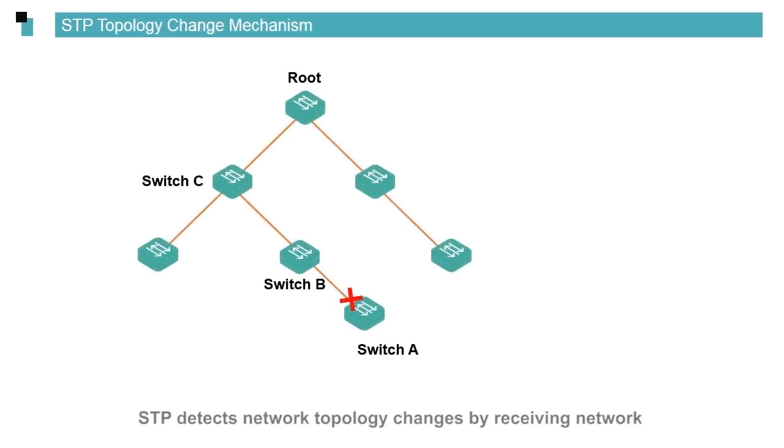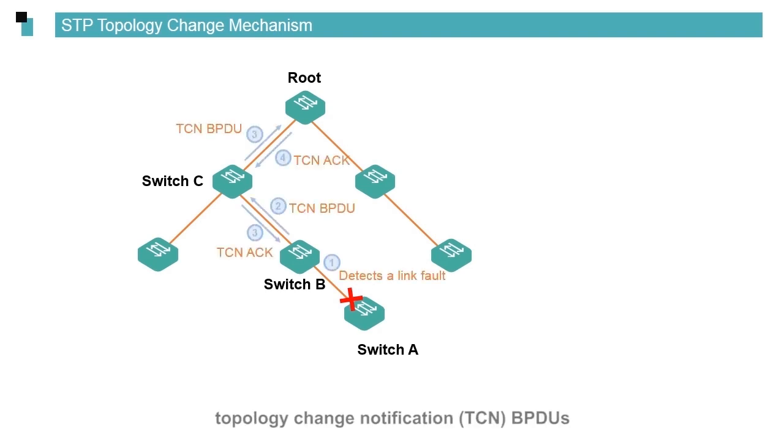STP detects network topology changes by receiving topology change notification BPDUs. If a physical link between switches A and B fails, Switch B detects the topology change and sends a TCN BPDU. Upon receipt of the TCN BPDU, each switch replies with an ACK BPDU and forwards the TCN BPDU to the root bridge.